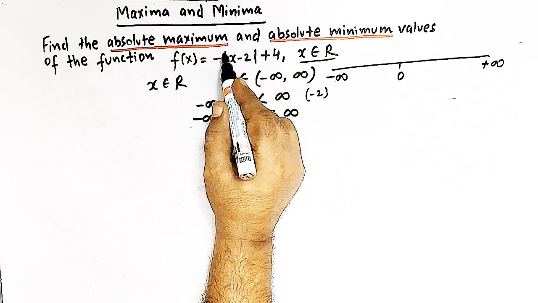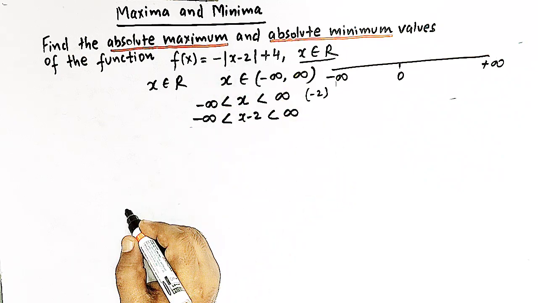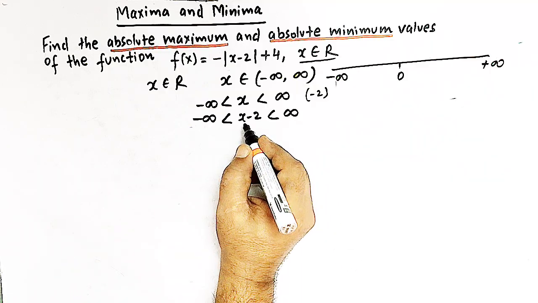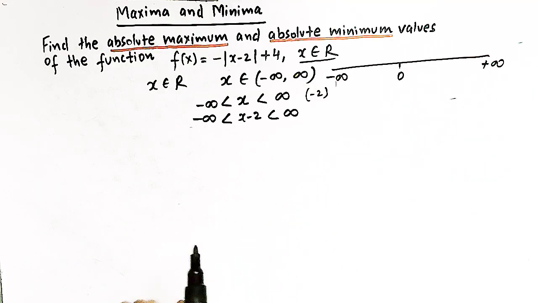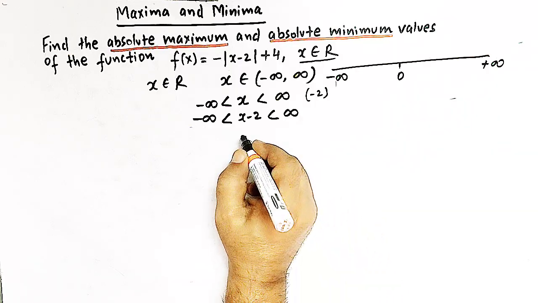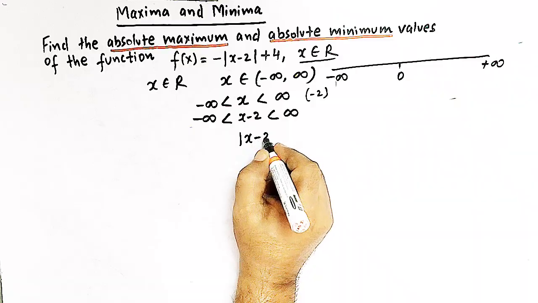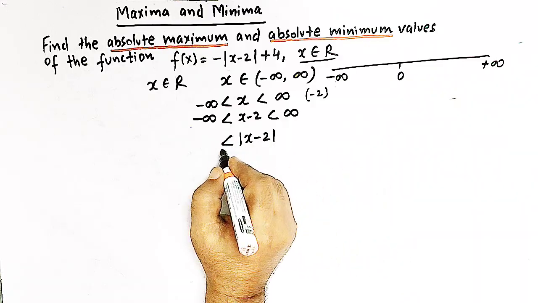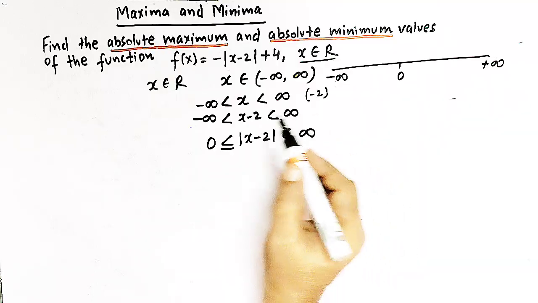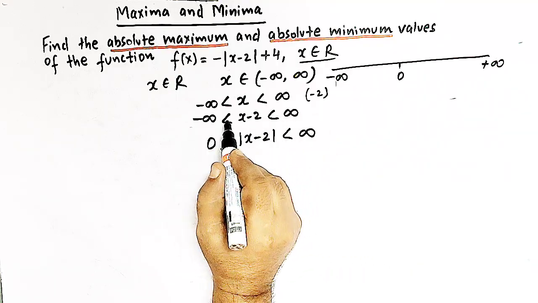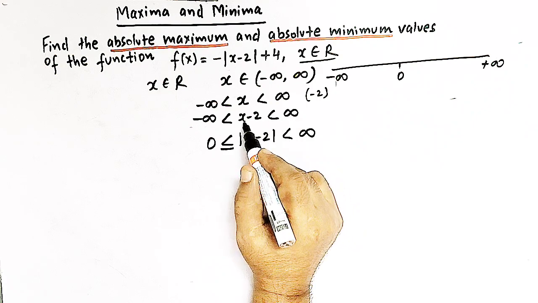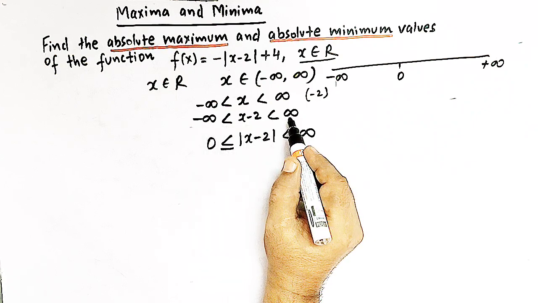So now here we have mod of x minus 2, and from the definition of the mod function, we know that the mod function always gives us positive numbers or quantities, right? So here we can now write mod of x minus 2 must be greater than or equal to 0 but less than infinity, because x minus 2 is greater than minus infinity but less than infinity.